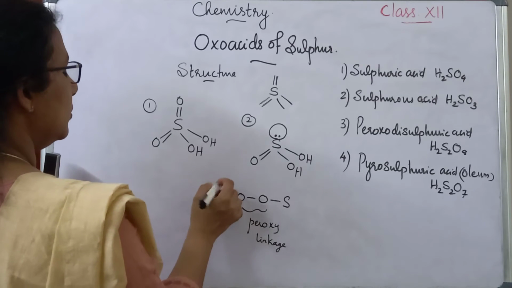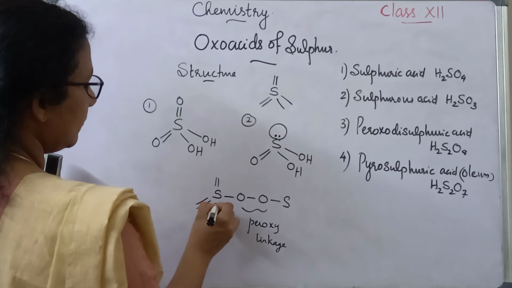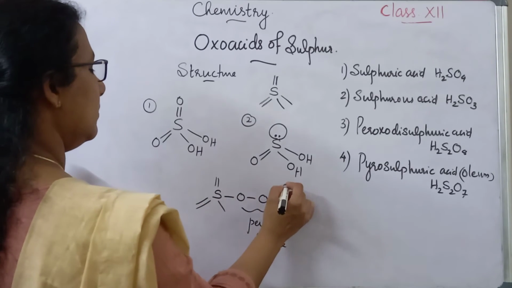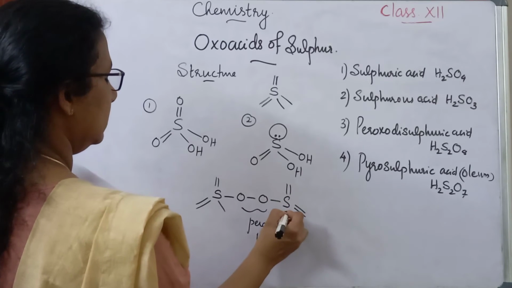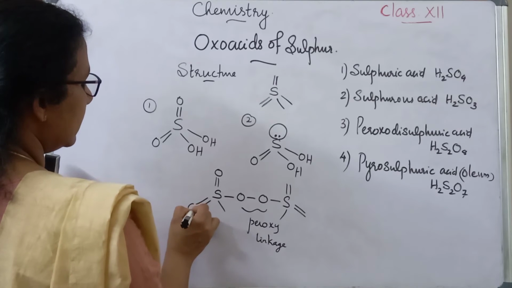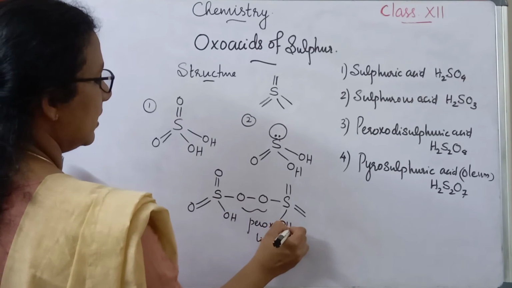So we can draw the rest of the bonds, that is the skeletal structure of this S, here also the skeletal structure of this S, and we can give oxygen with double bonds and OH with single bonds.